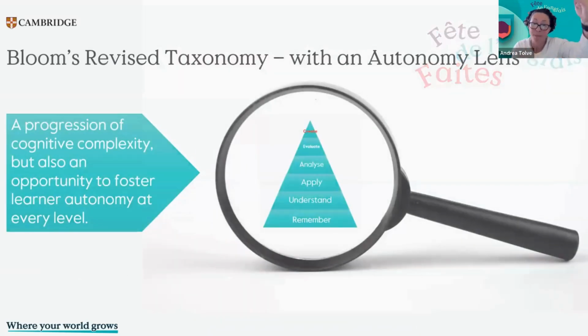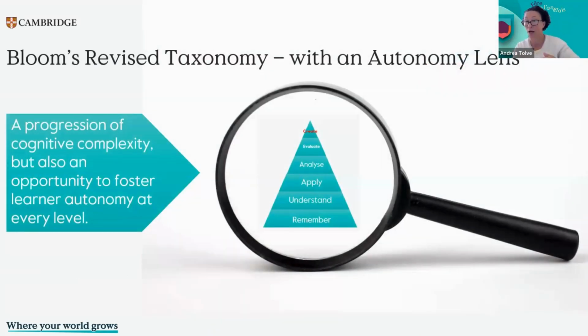If we look at Bloom's revised taxonomy from an autonomous lens, what does it mean to support learner autonomy at each level of thinking? How can we build in this learner autonomy? And it's all about choices that we build in, and the strategies we teach.